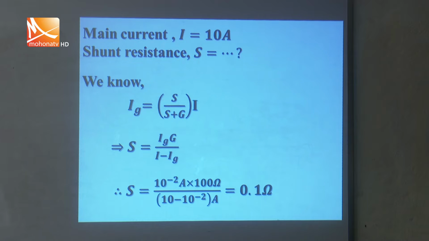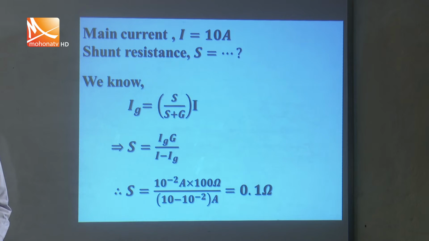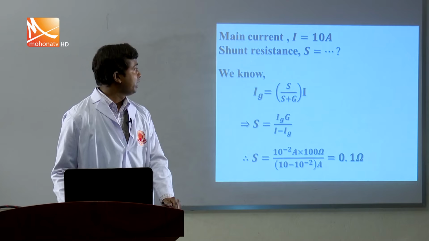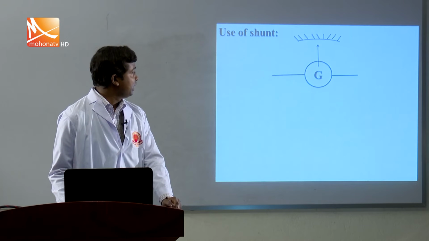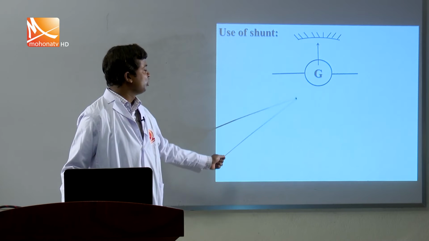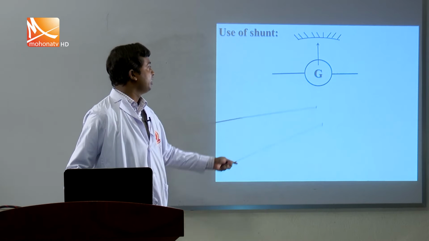Now another application of shunt, that means how can we convert a galvanometer into an ammeter or a galvanometer into a voltmeter. First I draw your kind attention to the first fact, that is how can you convert a galvanometer into an ammeter. That is the use of shunt, and this is simply a galvanometer. You know that a galvanometer contains a magnet and a moving coil.